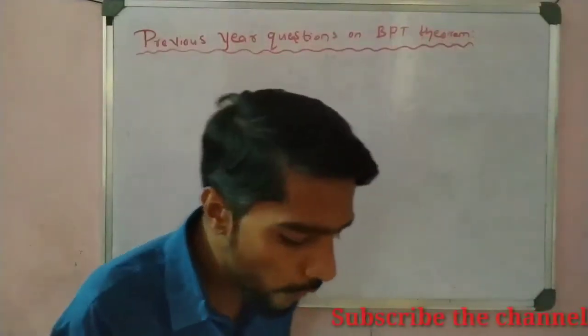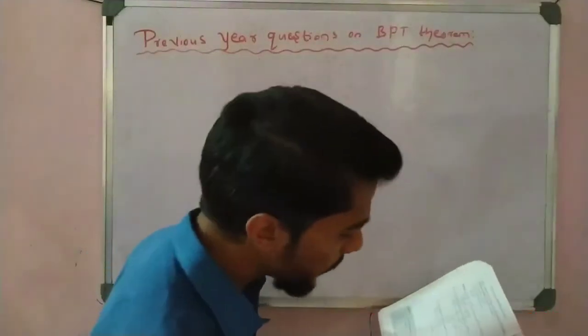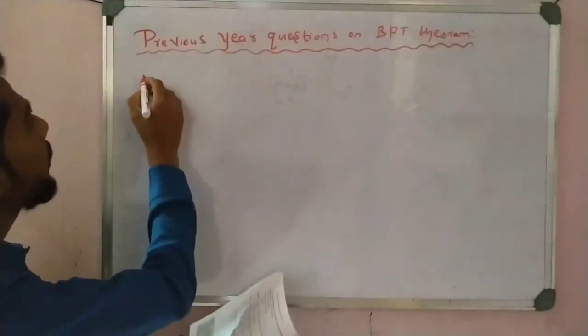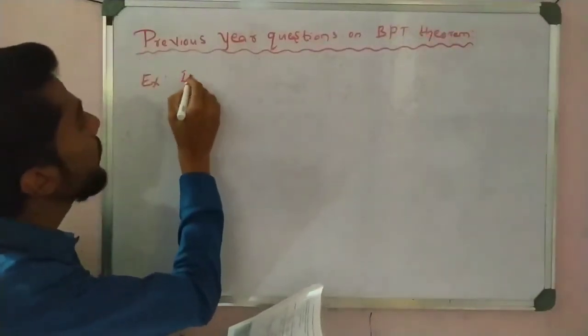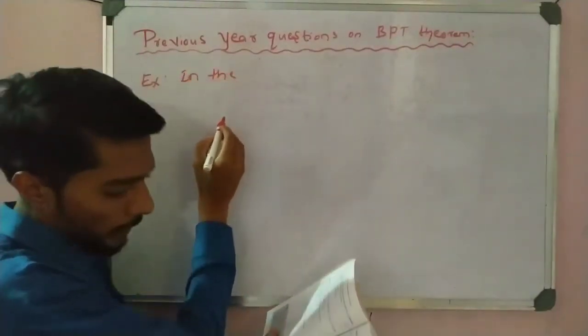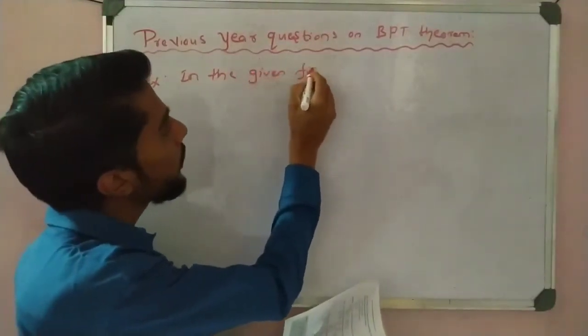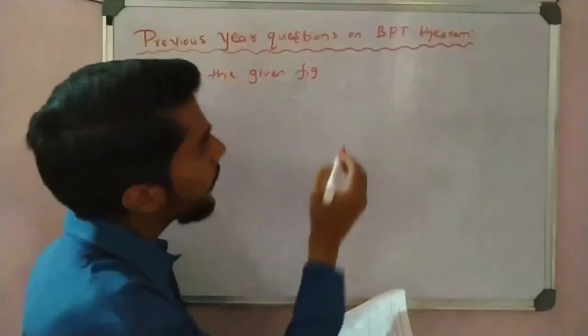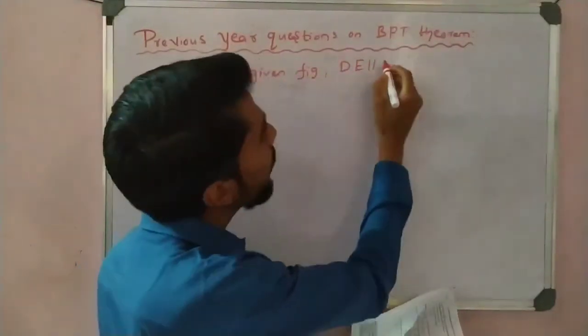A very easy question, which is from the 2006 examination. Question number 1. In the given figure, DE is parallel to BC.